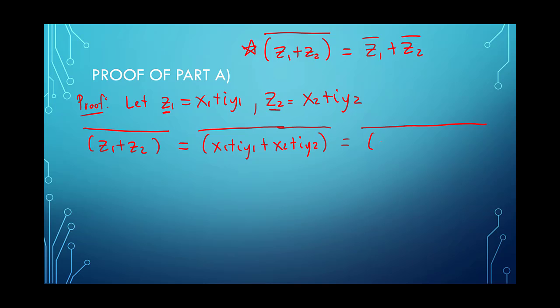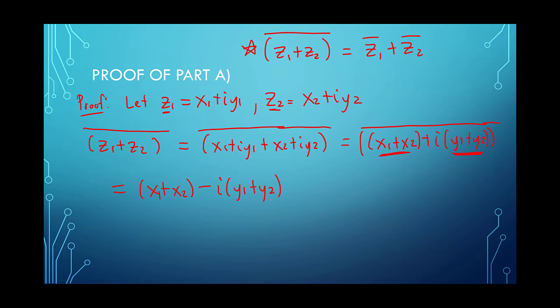So this is the same as x1 plus x2 plus i times y1 plus y2. Just doing a little bit of factoring and grouping. Now we can take the conjugate, because now we have our real part and imaginary part. And remember, all the conjugate does is it changes the sign of your imaginary part. So we're going to get x1 plus x2 minus i times y1 plus y2.